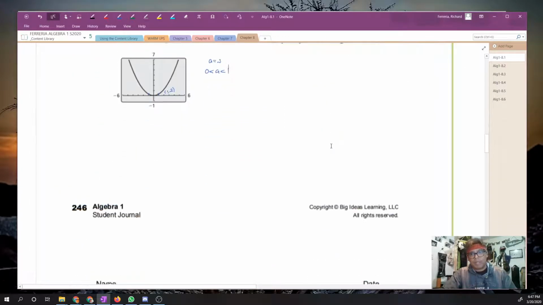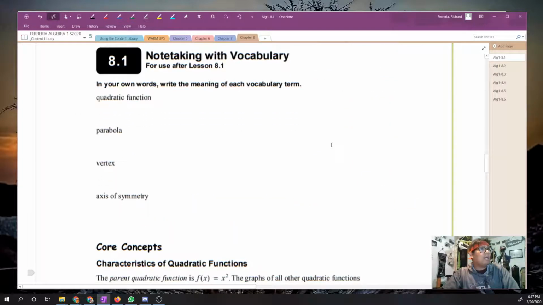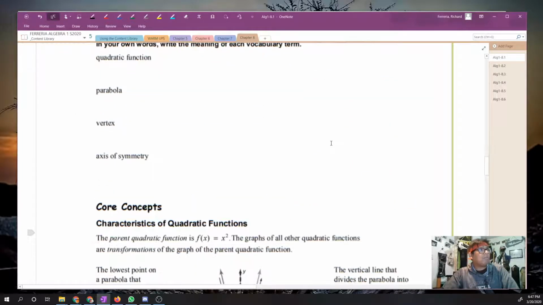Back to the math here. A quadratic function, parabola, looks like a U. That gets wider and wider.